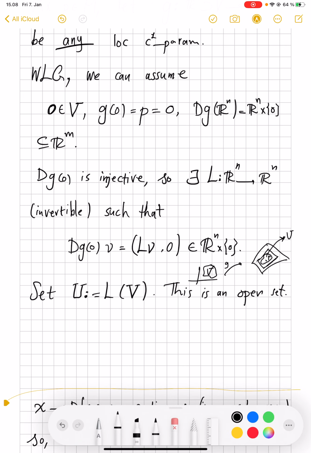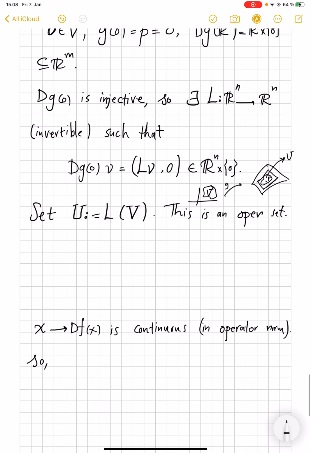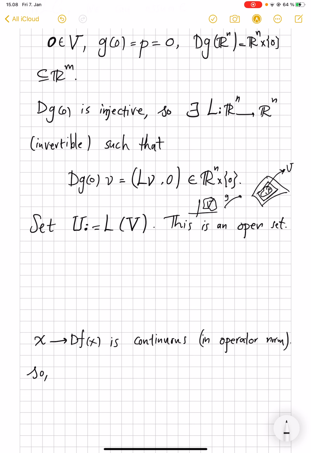Okay, now we had this local parameterization G. G of course doesn't have to have the properties we want. So the local parameterization of a neighborhood of P that we will prove has the desired properties is this one.